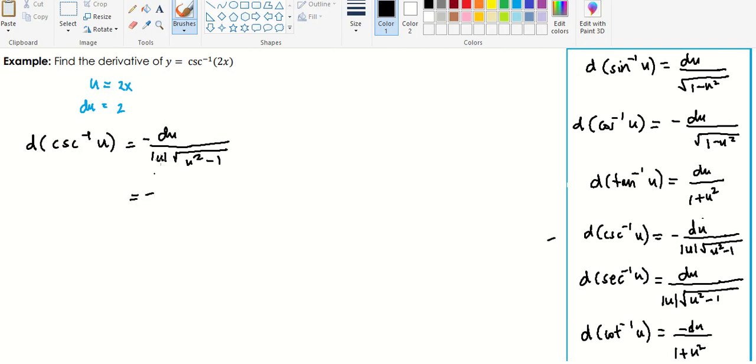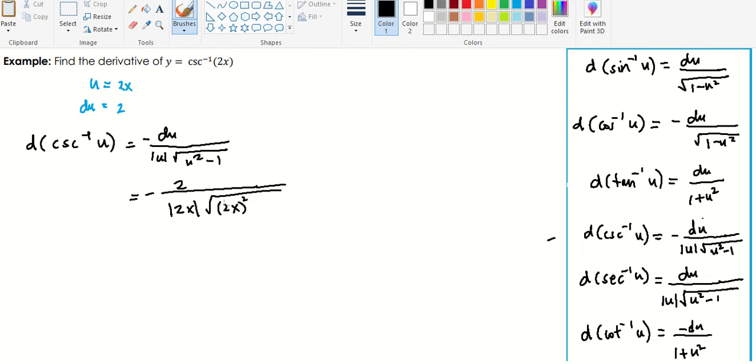Alright, so we have du is 2 over the absolute value of u, which is 2x, times the square root of u squared. So what is our u? That is 2x again.